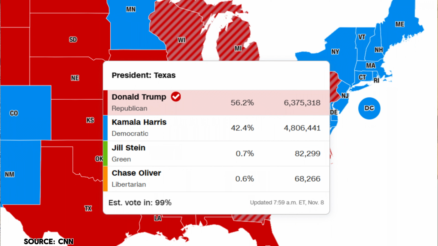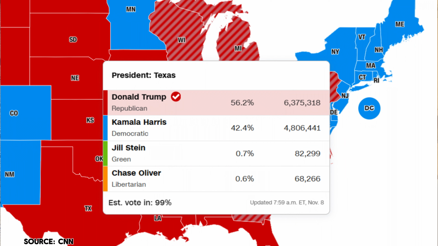In the US, each state has a certain number of electors. These electors are like points that each state gives to a candidate. States like California and Texas have more electors than states that do not have as large a population.